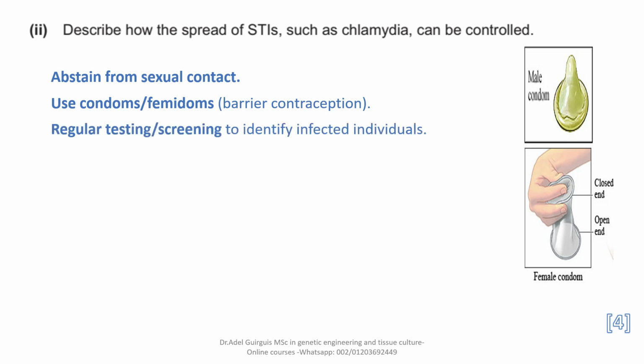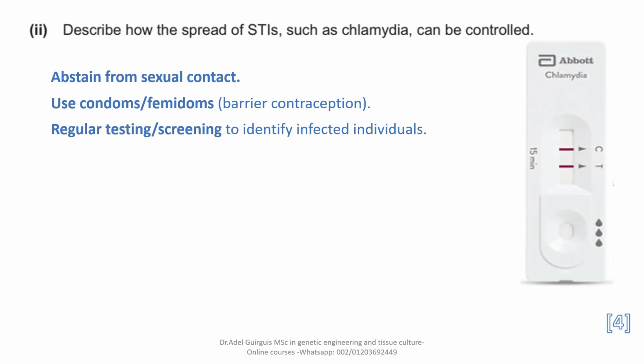Next, regular testing and screening to identify infected individuals. Look at this rapid test to screen which one is positive or negative. Here is where the sample is put: drops of sample like urine, blood, semen, or vaginal secretions are put inside this hole.